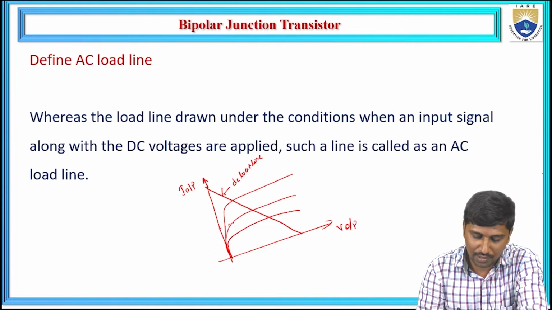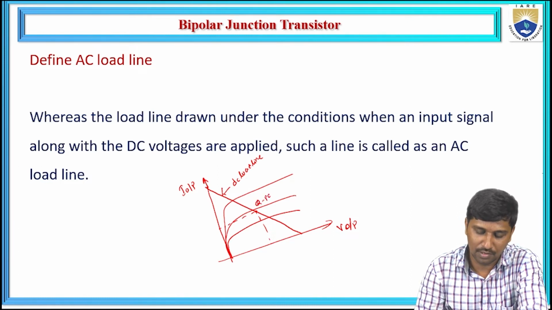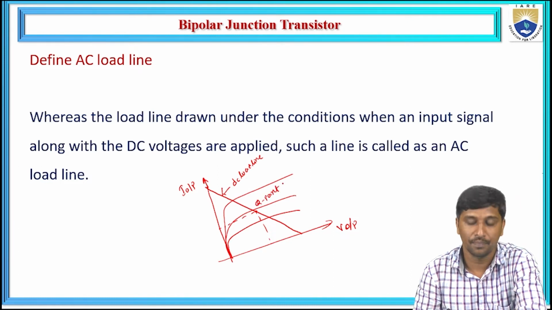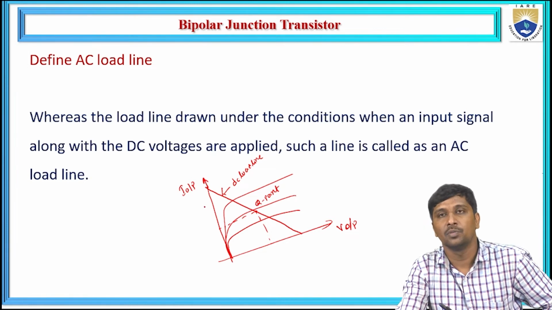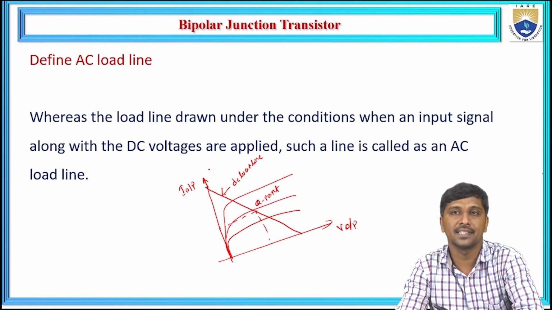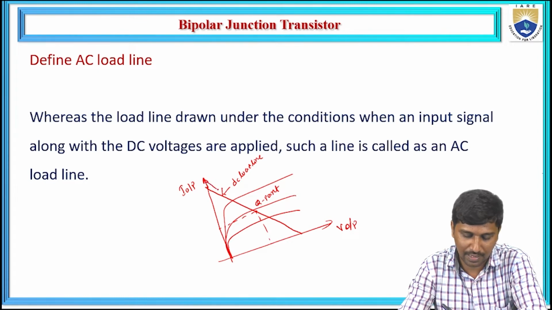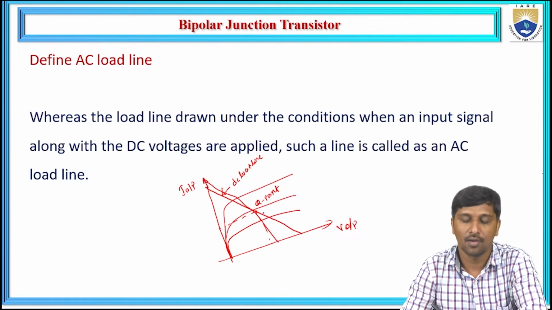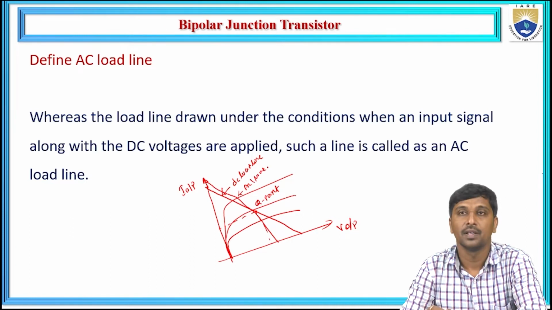The center of this DC load line indicates the bias point, also called the Q point or operating point. Then we need to observe how much maximum current and maximum voltage will occur under the presence of a given AC signal. That should be measured when we are drawing this line with respect to this Q point. That line is called the AC load line.